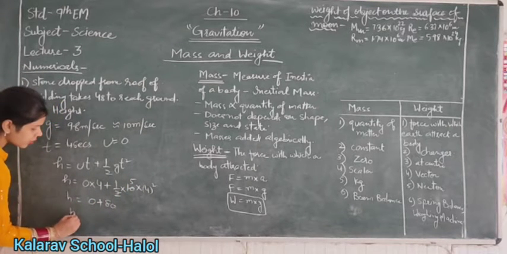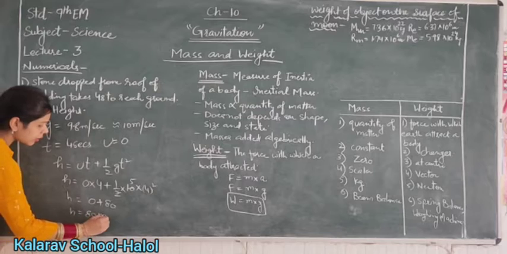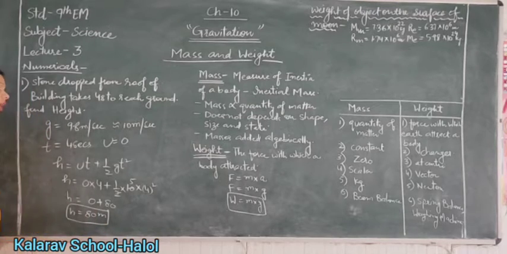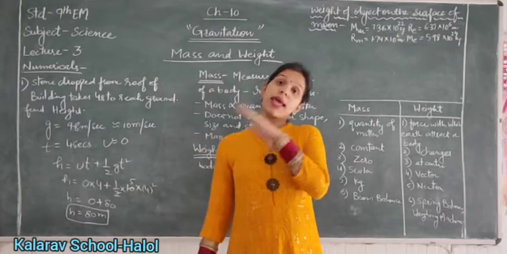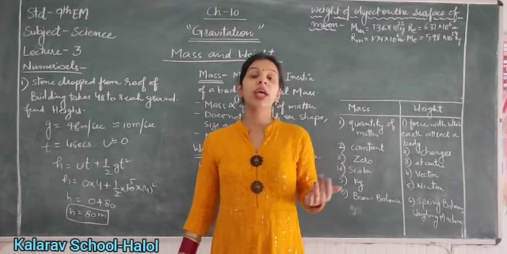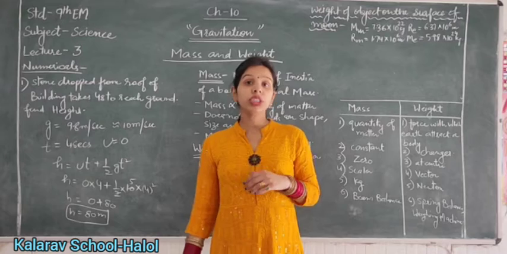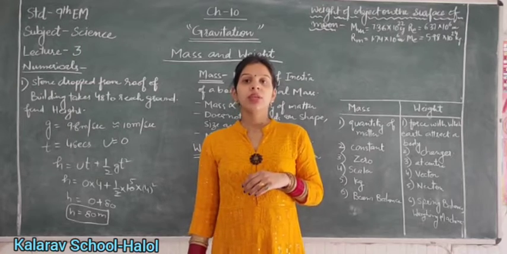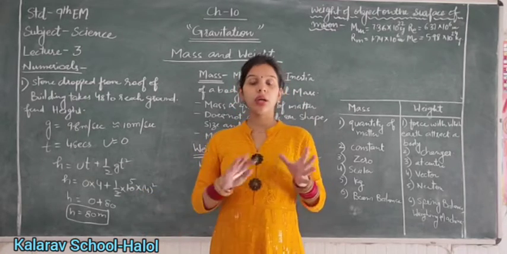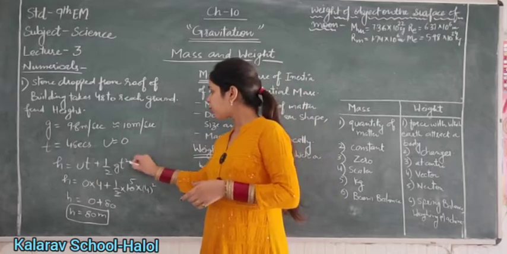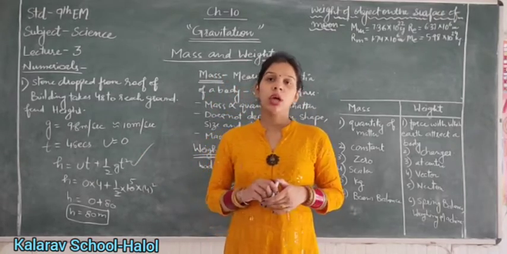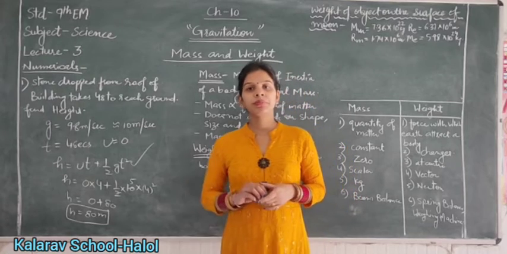So h is 80 meters. In this way, you will be able to do the numericals. These are the same as you have done in the chapter motion of physics. I had already told you about these numericals. You just use these standard equations of motion for doing them.